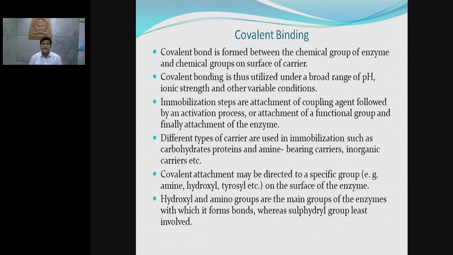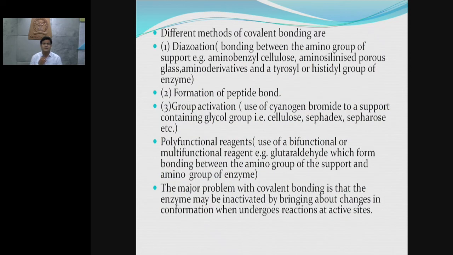Hydroxyl and amino groups are the main groups where we can attach these enzymes to a particular carrier, and these can form perfect bonds. Sulfhydryl groups may also be involved, but there is the least involvement in the formation of bonding. There are different methods of covalent bonding: diazotization, formation of peptide bond, group activation.